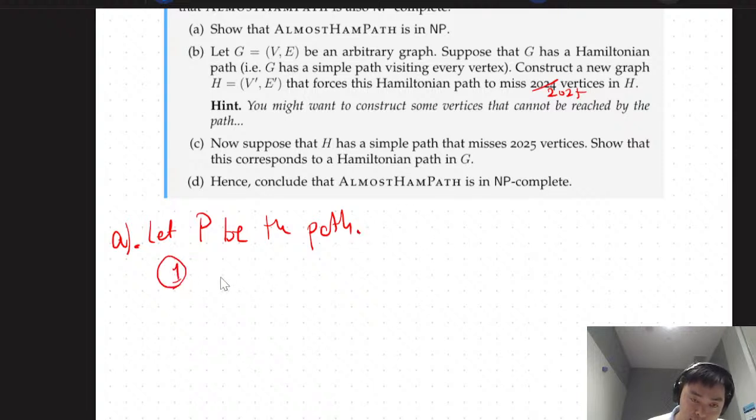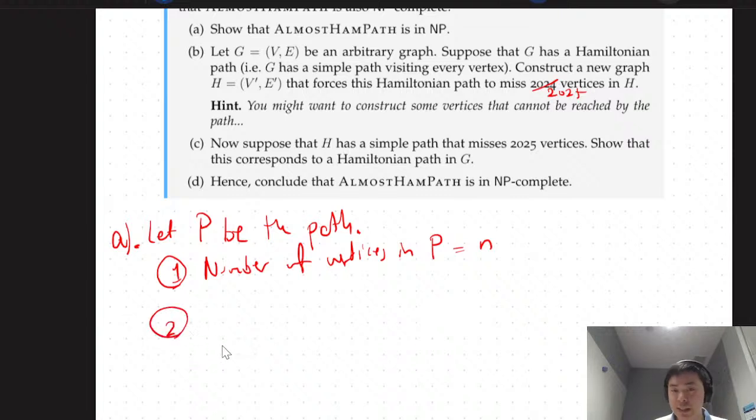The first thing is that the size of P equals n, the number of vertices in P equals n. And two, this is a simple path, so every vertex is hit or visited exactly once.